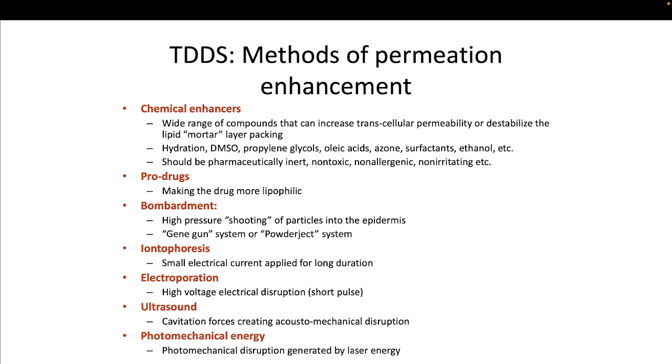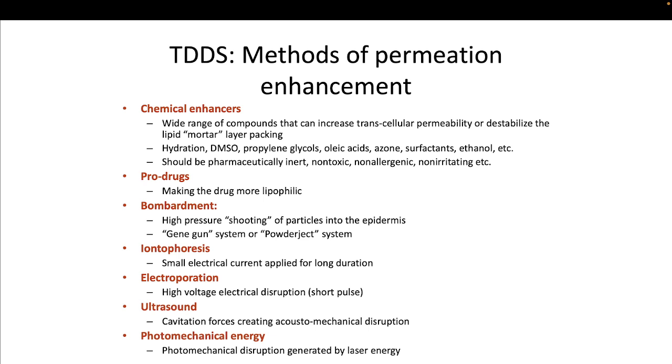That is mostly done to sterilize that area, but ethanol is also a very good agent to increase lipid permeability. Similar to ethanol, you have other agents like DMSO and oleic acid. They destabilize this lipid layer and help your drug to permeate inside the skin.